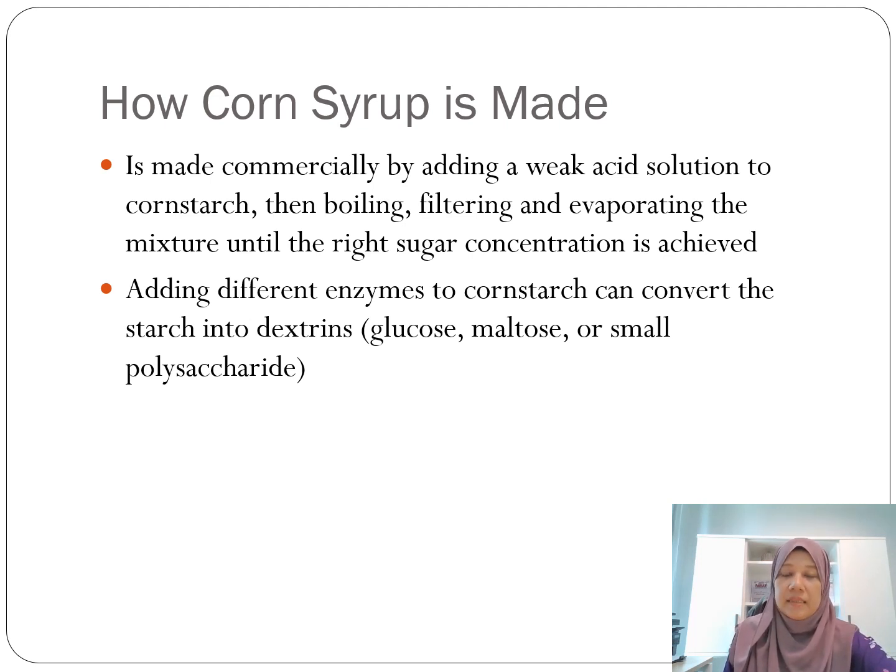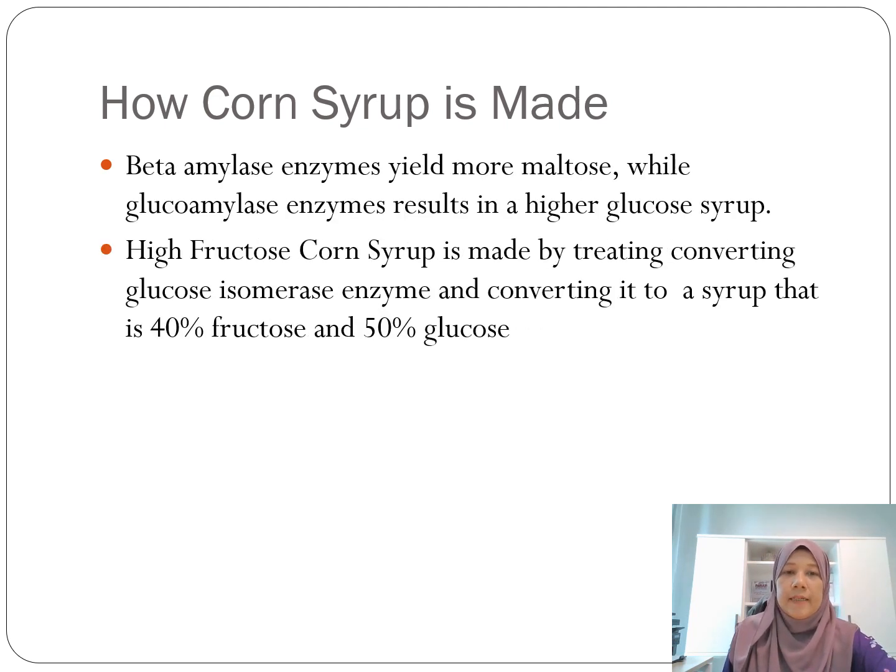Dextrin might be in a glucose form, maltose form, or small polysaccharides form. Next, beta amylase enzymes will produce more maltose. Glucoamylase enzymes will produce higher glucose syrup.